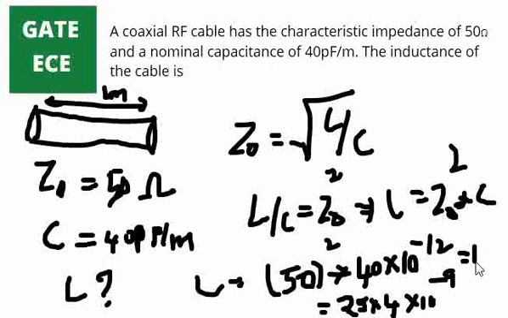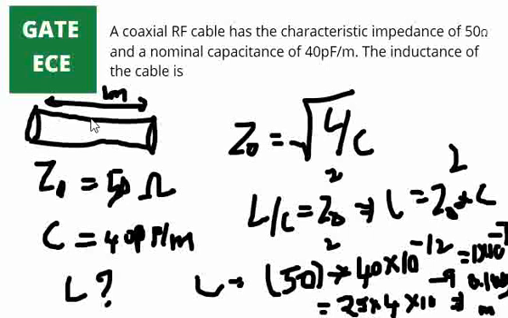So we get 1 into 10 power minus 7, which basically is 0.1 microhenry per meter. So the inductance per length of this coaxial cable is 0.1 microhenry per meter.